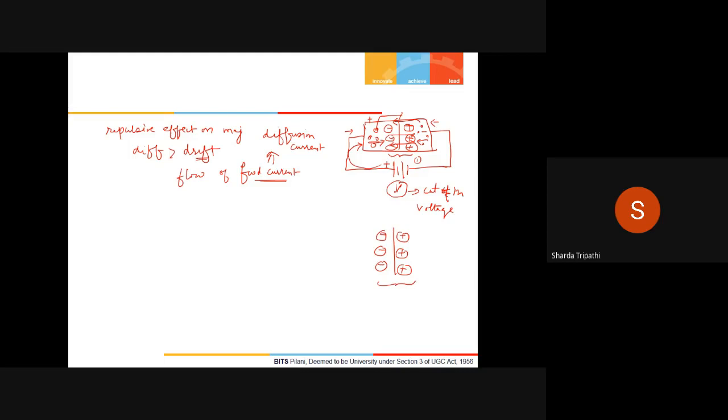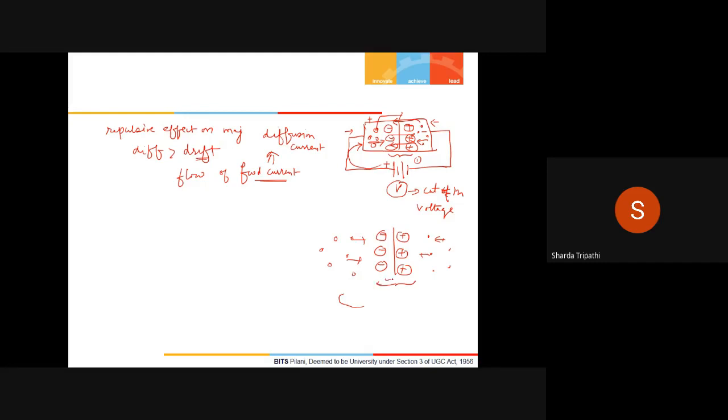This was when I did not apply any voltage. Now, when I applied the voltage, what happens? All the majority charge carriers that were present over here, electrons in the N side and holes in the P side, are pushed towards this side because of the repulsive force. Okay?